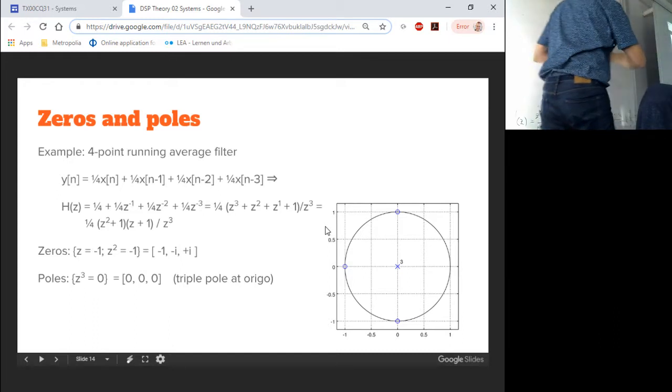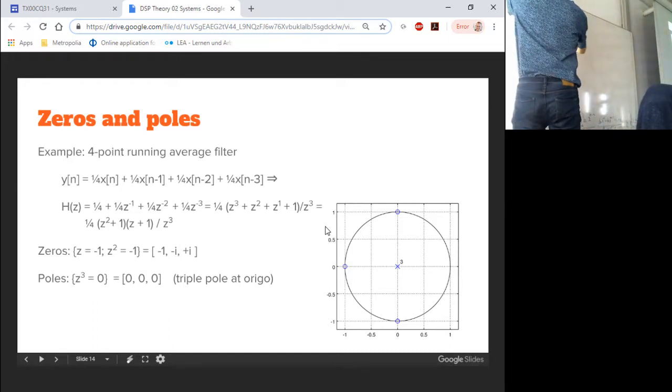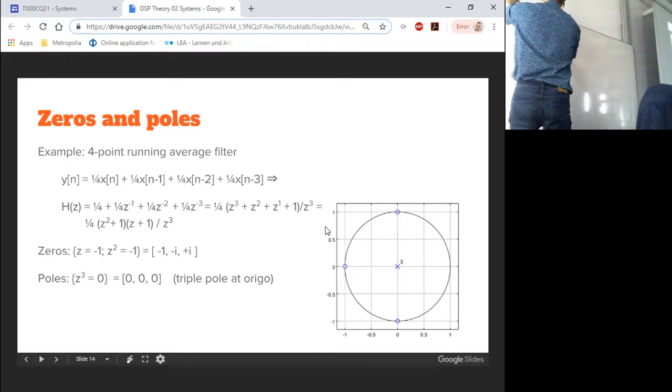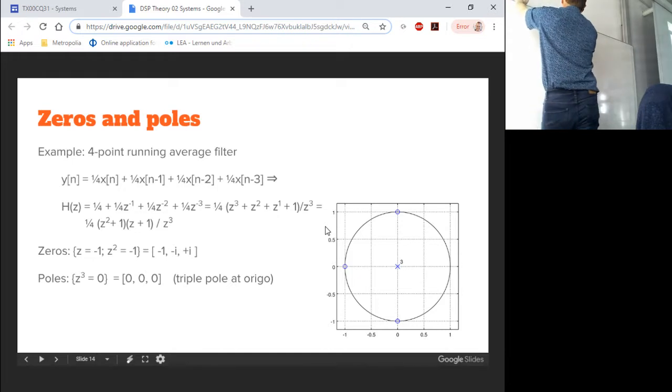Three-point running average filter was also H of z equals 1 over 4. Here we have 1 minus z^-1, and upstairs I have 1 minus z^-4.